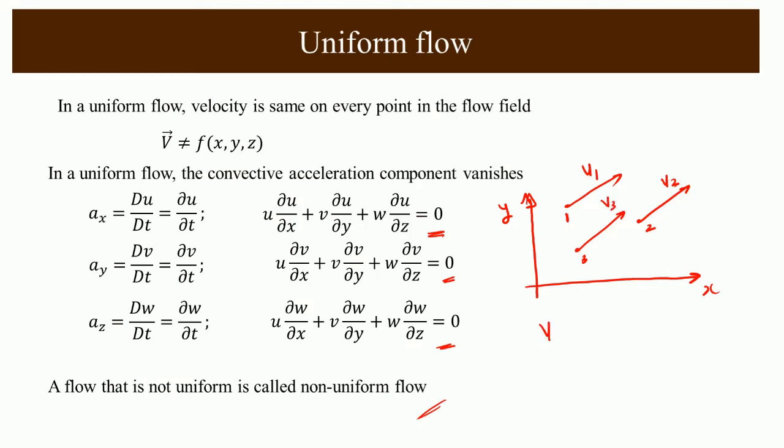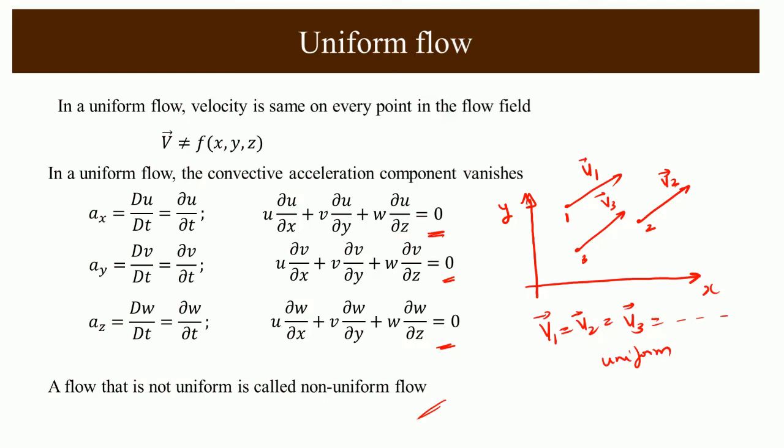So v1 should be equal to v2, and equal to v3. All are vectors, keep in mind. If this holds, then only it is a uniform flow. Otherwise it is non-uniform flow. I hope you get the concept, students.